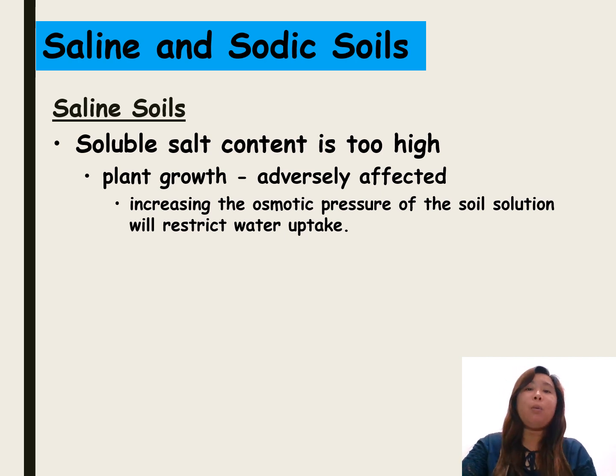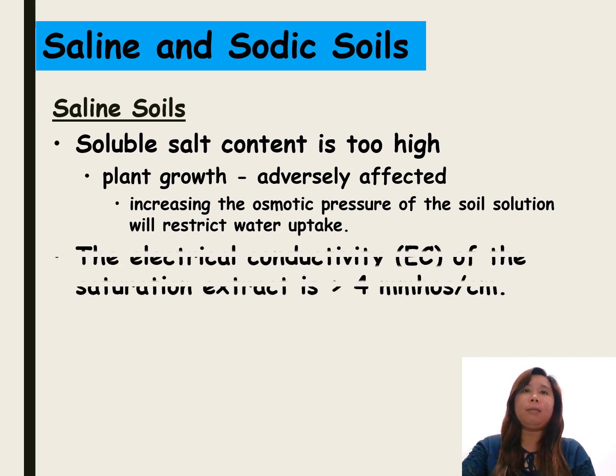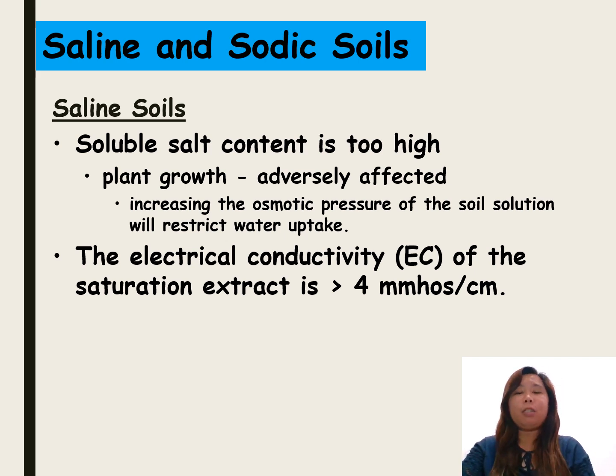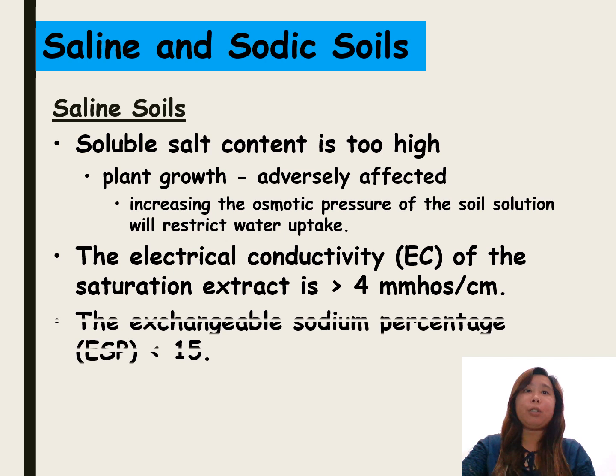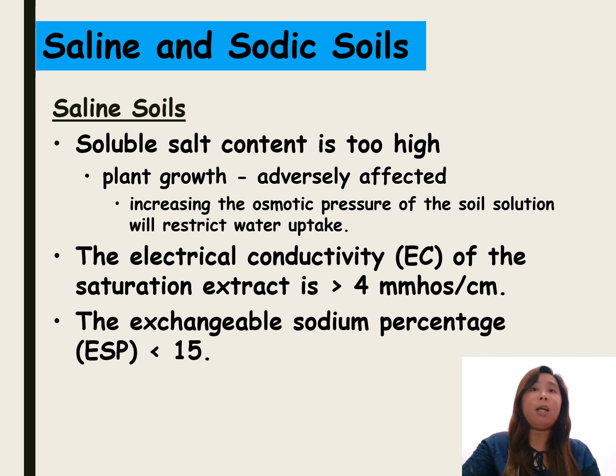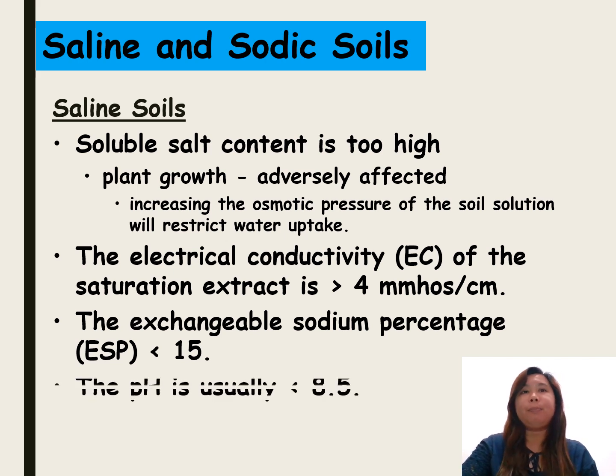As we all know, water is needed by the plants. And the electrical conductivity, EC, of the saturation extract is greater than 4 millimoles per centimeter, and the ESP or the exchangeable sodium percentage is less than 15. And the pH is usually less than 8.5. So meaning it is higher than 7 but less than a pH of 8.5.